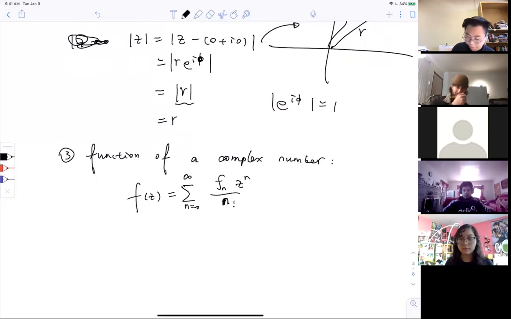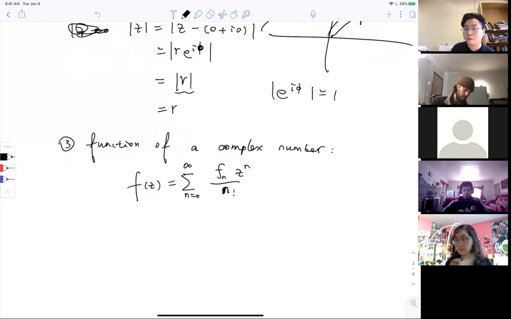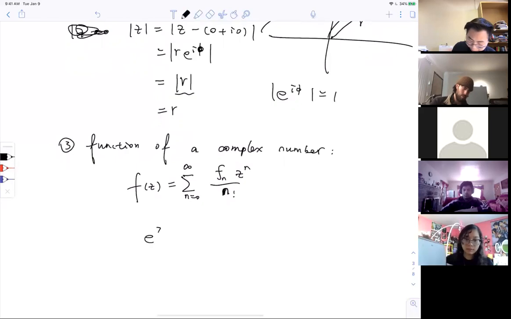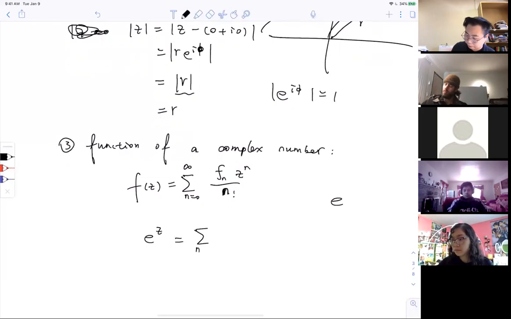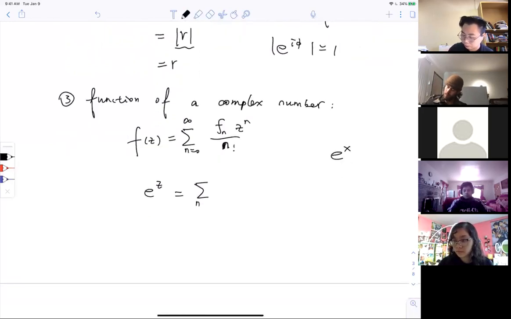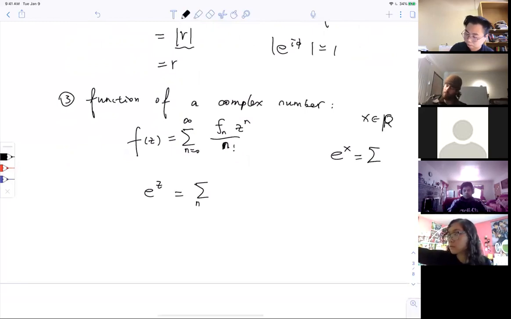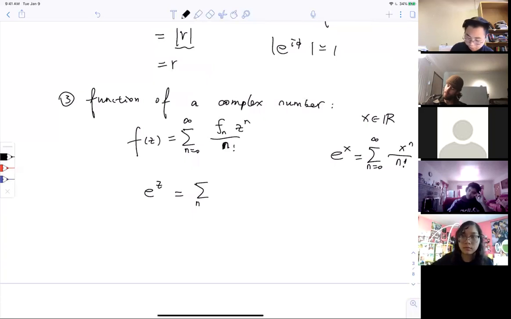One important example is the exponential of z. In real calculus, we know that if x is a real number, the Taylor series of e to the x is given by this. Similarly, e to the z is also given by this.